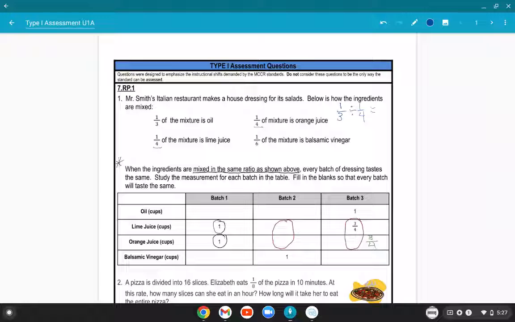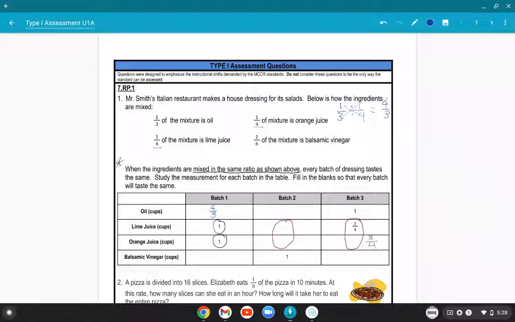Now, for a problem like this, what I'm going to do is multiply in the form of an x. So I got 4 times 1, that's 4. 3 times 1, that's 3. So I go from 1 to the 4 and the 1 to the 3, as if I just drew an x. This means that my oil is going to be 4/3.